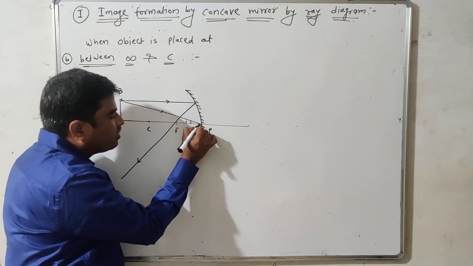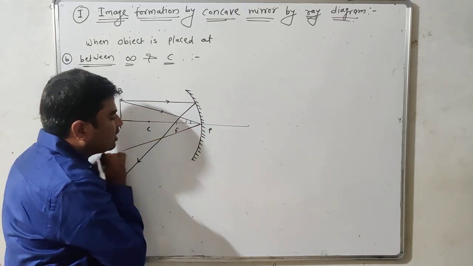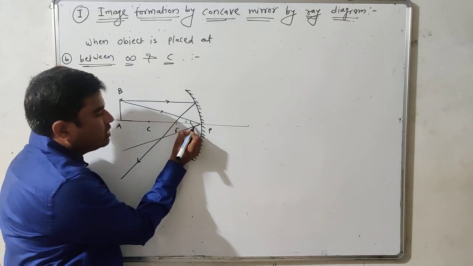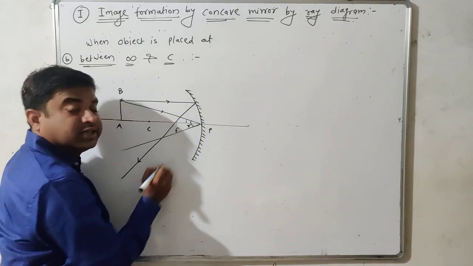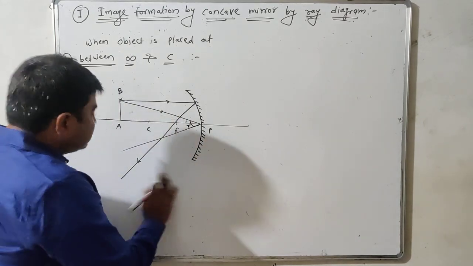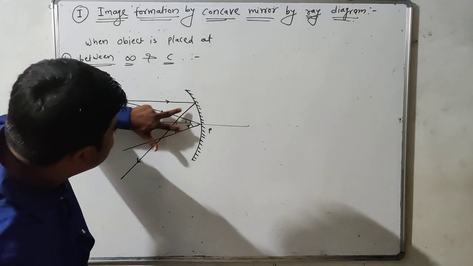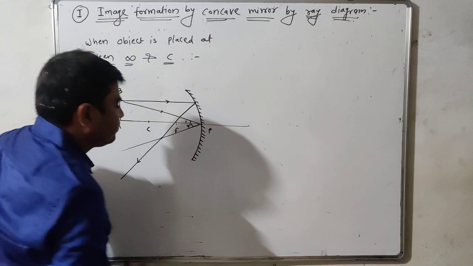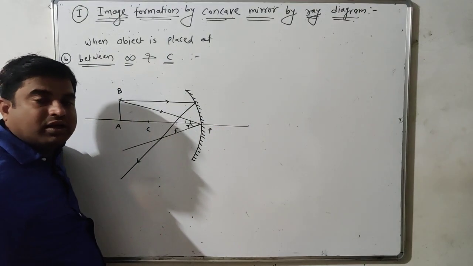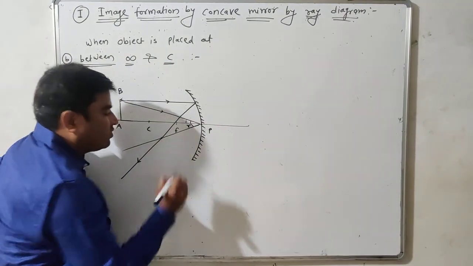Therefore this mirror will reflect this ray like this, so that this angle and this angle become the same. Now student, you can see here the two rays emitted by B converge here after reflection.